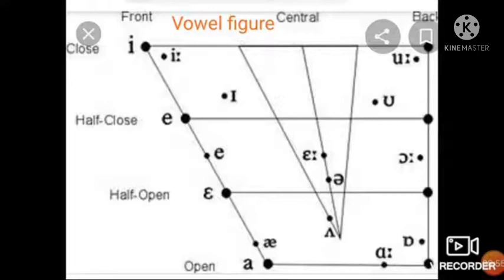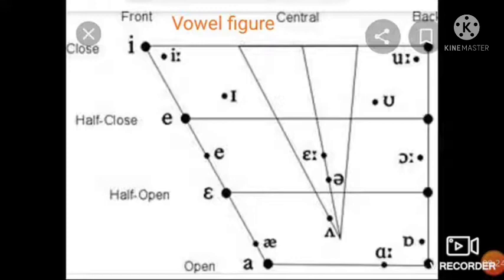Then long U, back close rounded vowel. Short U, centralized back rounded vowel just above half close. Then long A, back rounded vowel between half open and half close. Then short a, back rounded vowel just above the open position.